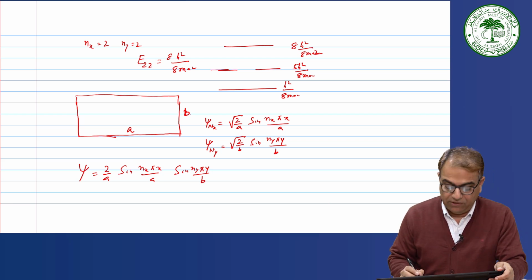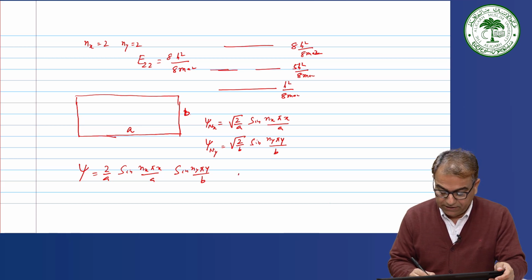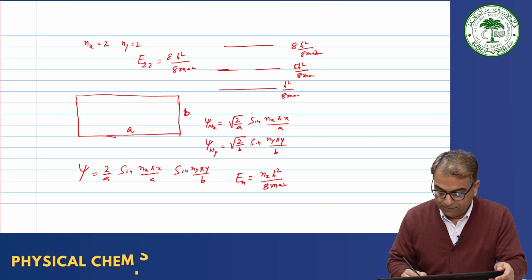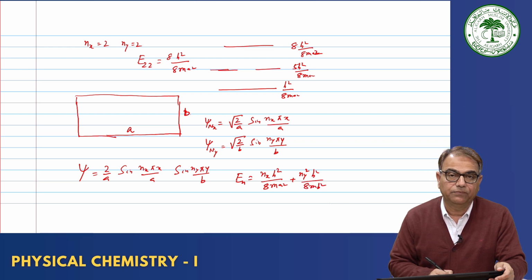What about the energy value? The same way, we can write En equal to nx square h square divided by 8m a square plus ny square h square divided by 8m b square.